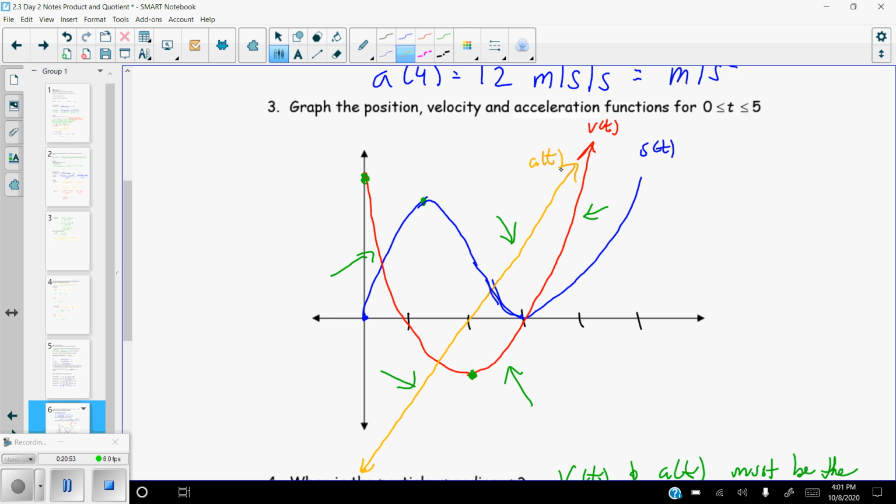Well, it looks like both the red and the orange are the same between here and here, because they're both underneath the x-axis. And then they're both above the x-axis after time 3. So it looks like between times 1 and 2, and then after time 3.